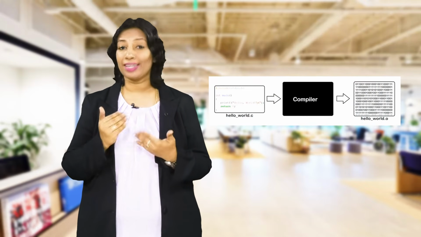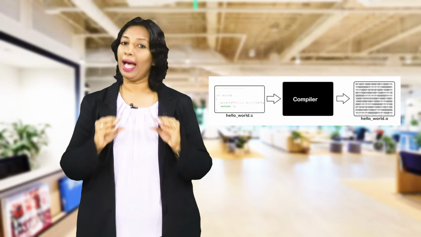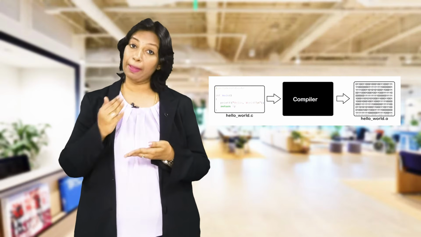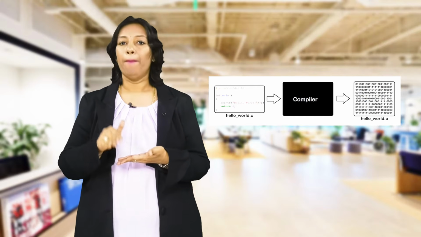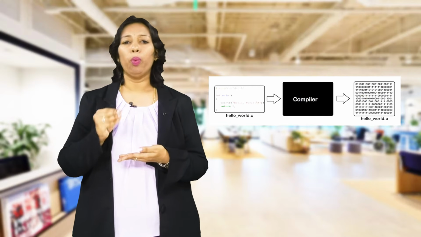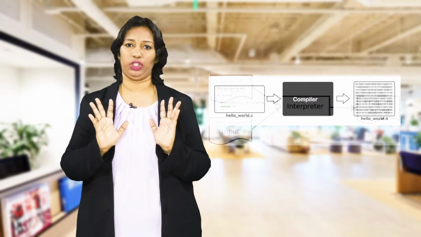These human-friendly instructions cannot be directly understood by the computer. So they need to be translated into machine code, which is zeros and ones. The translation is done either by a compiler or an interpreter. A compiler translates the entire program at once, creating a separate file that the computer can run quickly. But errors are shown only after the whole program is checked.